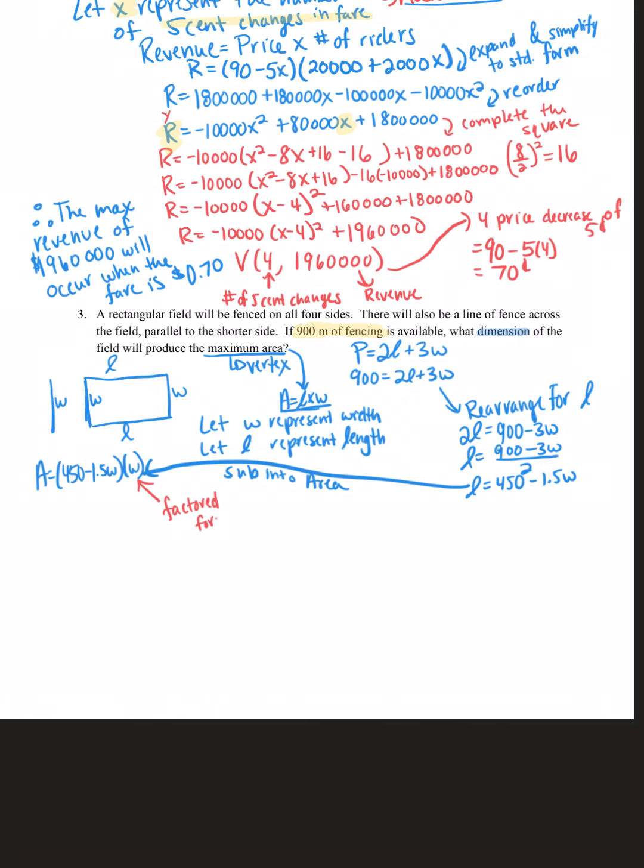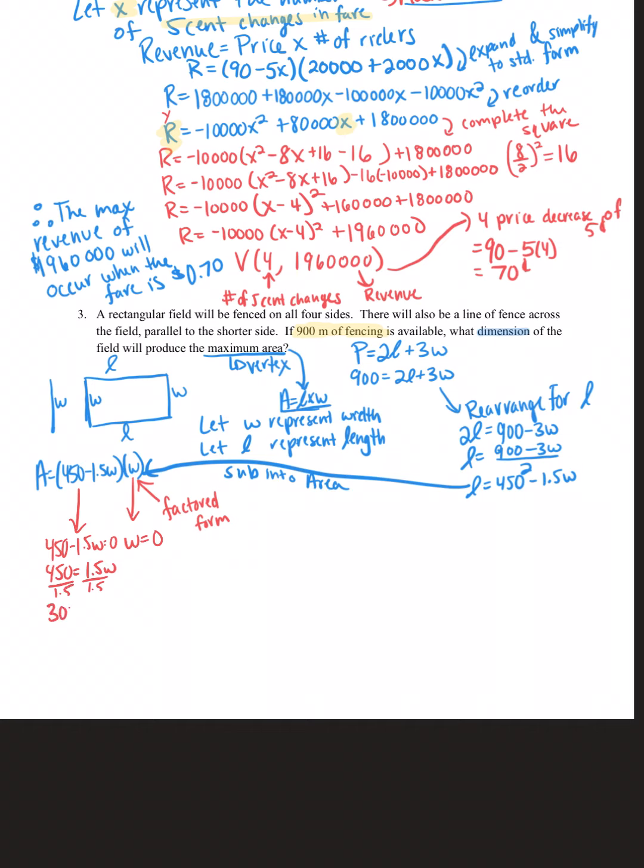So if we're in factored form and we need to identify our maximum, which is our vertex, let's go back to that. If we're in factored form, we can find our zeros. So I can take both of my brackets and set them equal to 0, right? And then solve. So I'll have 450 equals 1.5W, and then I'll divide both sides by 1.5.